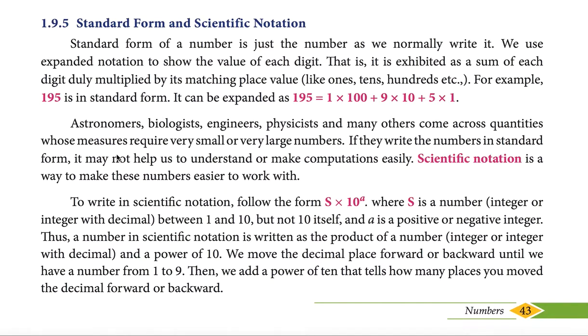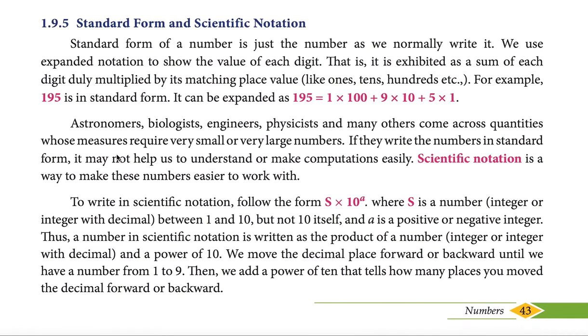Astronomers, biologists, engineers, physicists, and many more come across quantities whose measures require very large numbers. If they write the numbers in standard form, it may not help us to understand and make computations easily. Scientific notation is a way to make these numbers easier to work with.